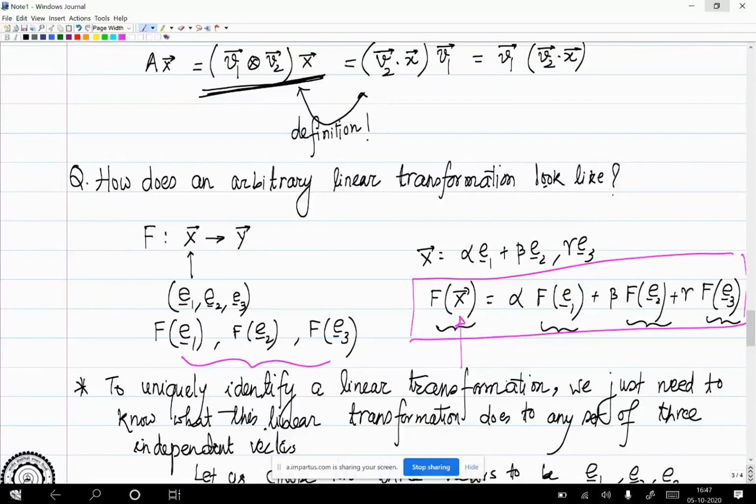Okay, so physically nothing is going to change. It is just a mathematical thing. Okay, okay, sir.